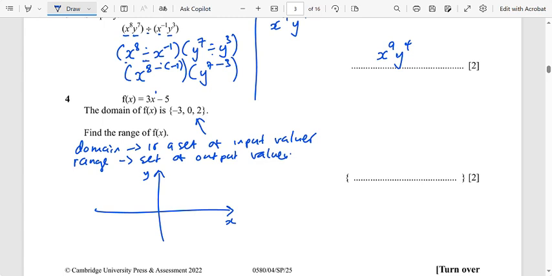So this is a linear function. So minus 5 there signifies that the graph cuts the y-axis at minus 5. So 3 there is a positive gradient. It simply means that the graph goes from the bottom left to the top right.